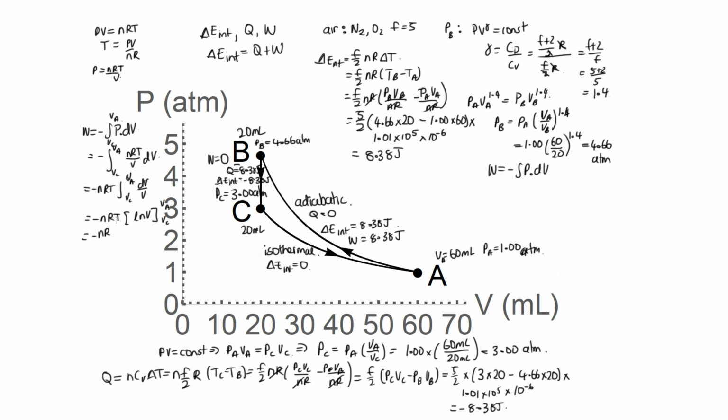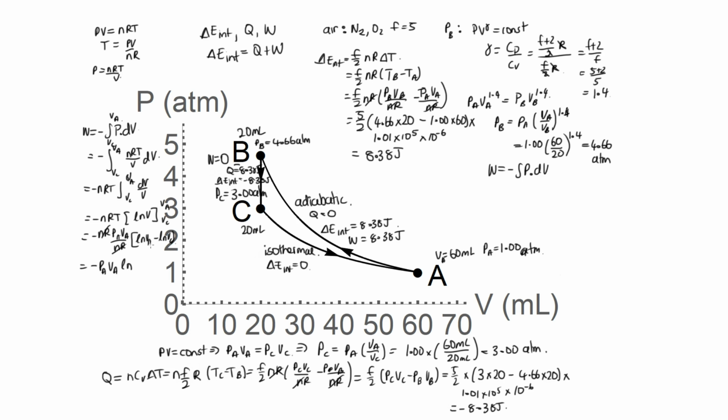Now, because we don't know the T, I'm going to substitute in PV on nR here. We can choose any spot along here because they're all isothermal, all at the same temperature. So let's just go with point A at the end. So we've got P_A V_A over nR instead of T, and then this is log V_A minus log V_C. So this nR now cancels that nR, and we end up with minus P_A V_A log.